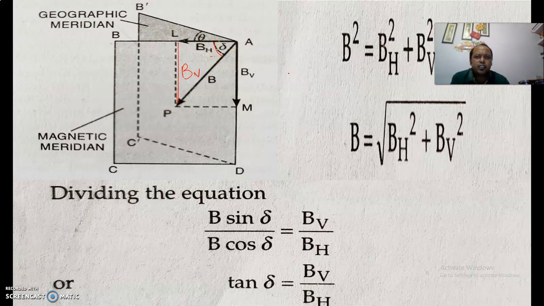Now if we consider the poles, if we take a magnetic needle which is free to move in the vertical plane also, then at the poles the angle of dip will be 90 degree. Whereas at the equator the angle of dip will be 0 degree. So you need to understand that also. Okay.